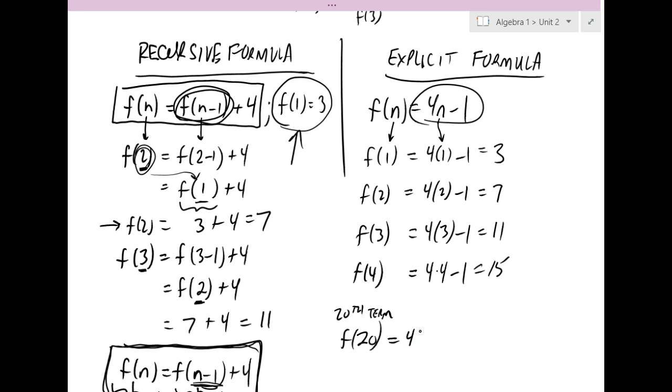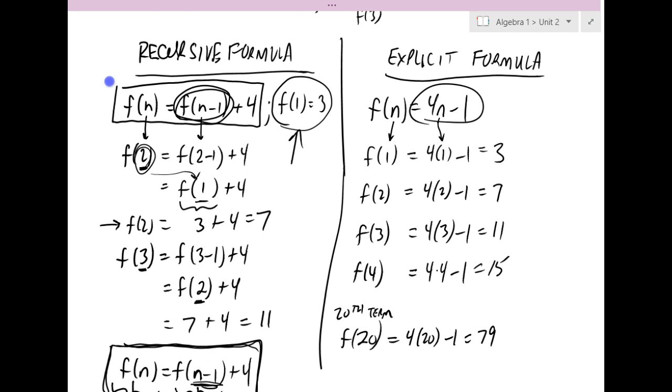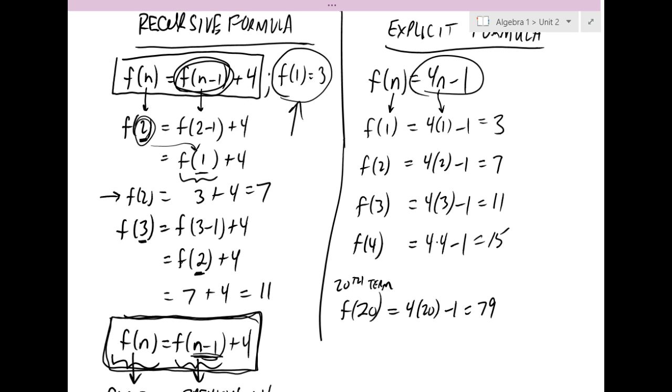So that's going to be 4 times 20 minus 1. That would be 80 minus 1 is 79. So I can get the 20th term using an explicit formula without having to get all the terms that come before it. Okay? So an advantage of a recursive formula is they're easy to use and easy to write.